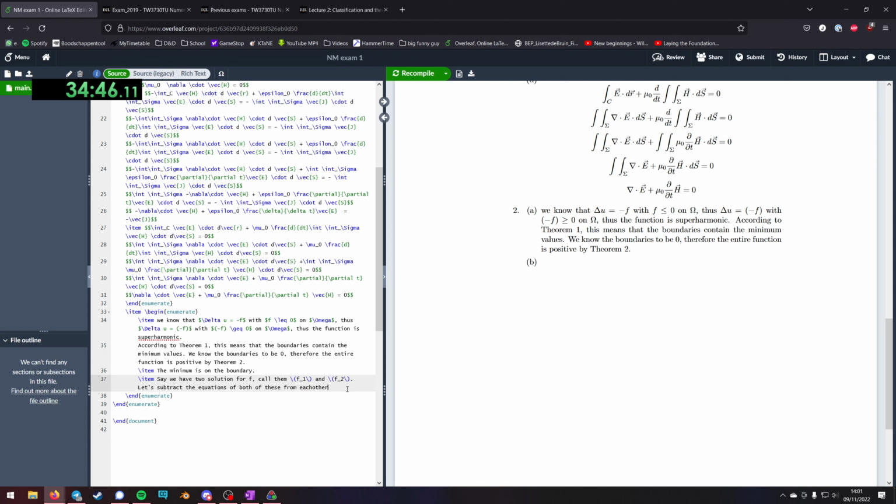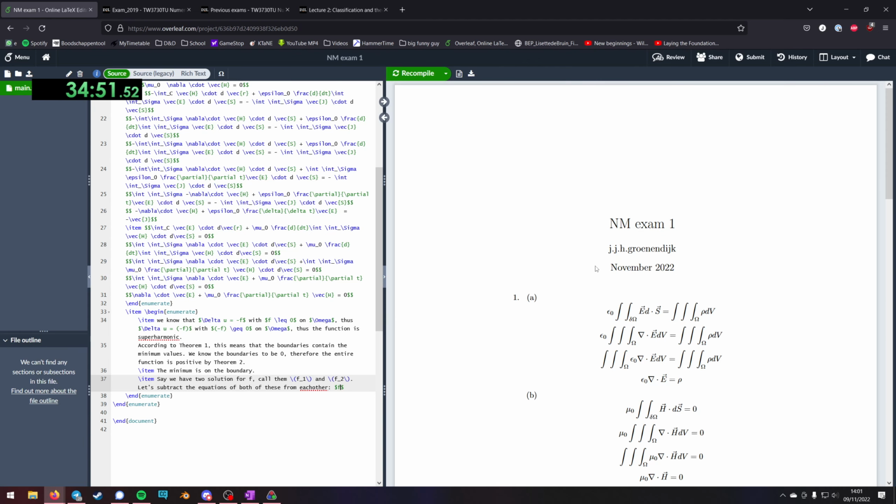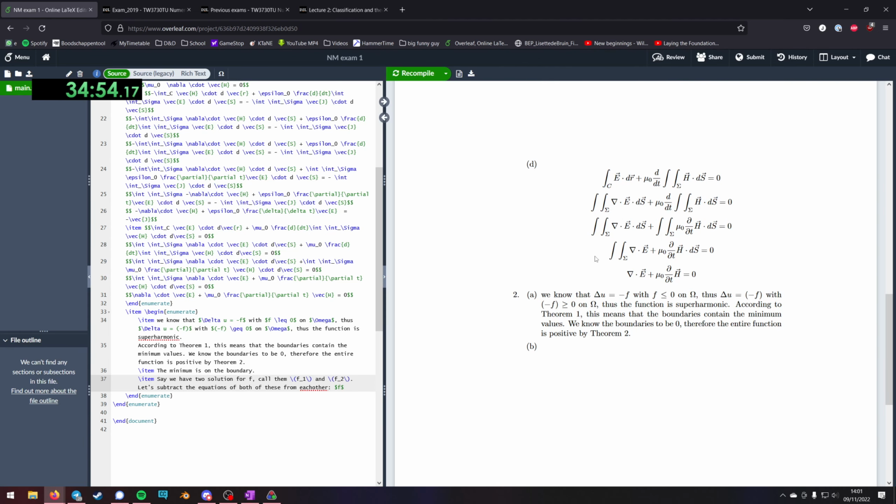So then we get, because we know that, wait, no, we have f. We want u1 and u2, because u is the whole thing we're trying to look for. So we get delta u1 minus delta u2 equals f minus f.